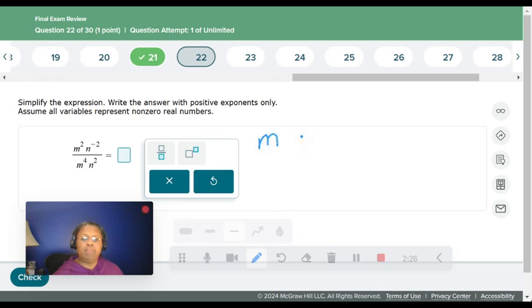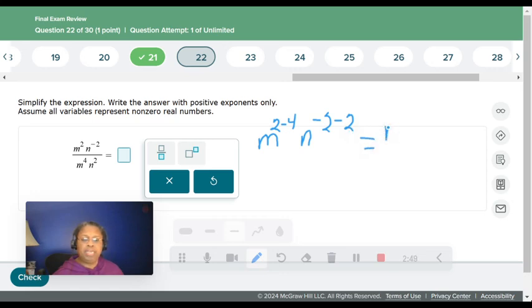First, let's write down our variables, and then we'll combine. Remember, you always subtract the denominator from the numerator when it comes to our exponents. So this is going to be -2 minus 2.